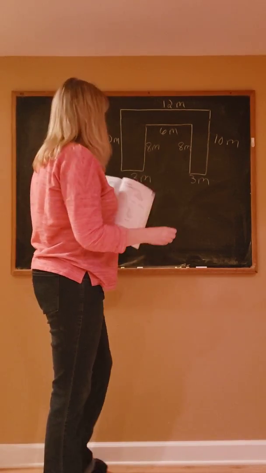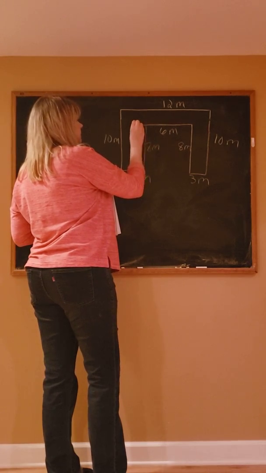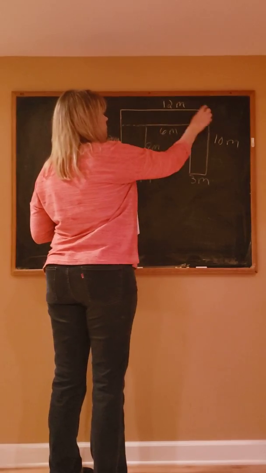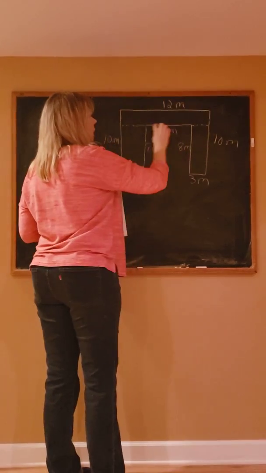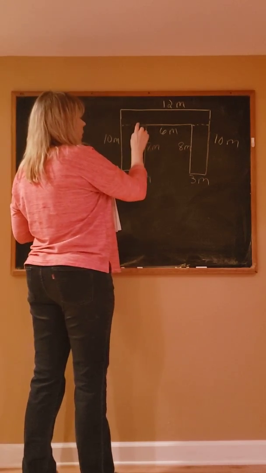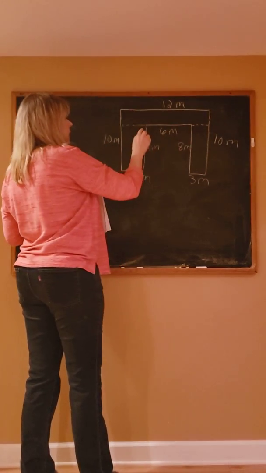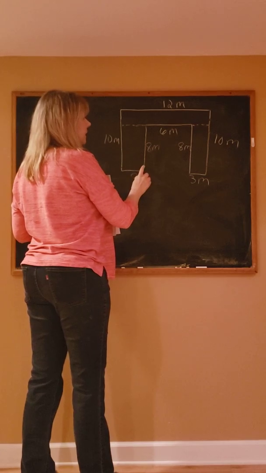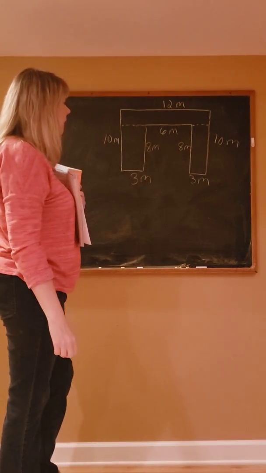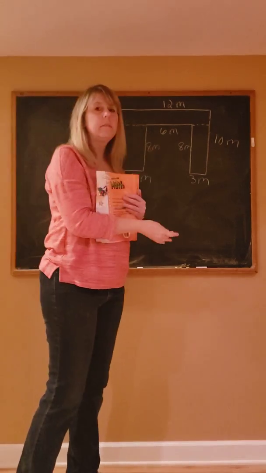So I'm going to draw my dotted lines here, and I'm going to make this one long rectangle. So I'm going to have this long rectangle, and I'm going to have my second rectangle here and my third rectangle here. All right. Now, there's a lot of numbers up here.